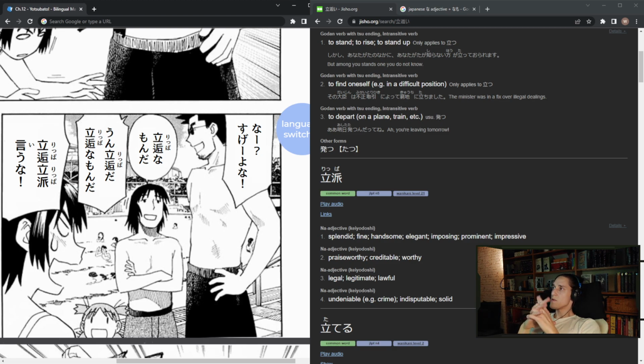Try to remember the rippa kanji. Rippa. Okay. Now the last one. Rippa.